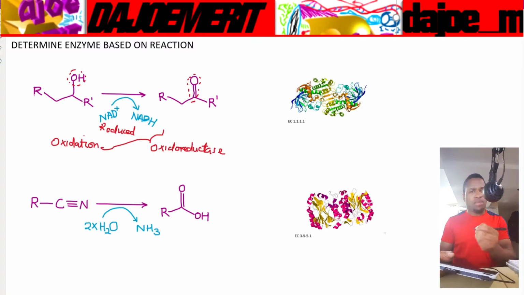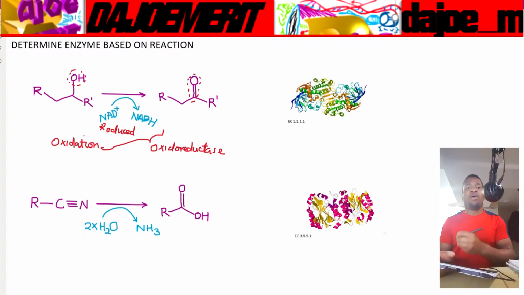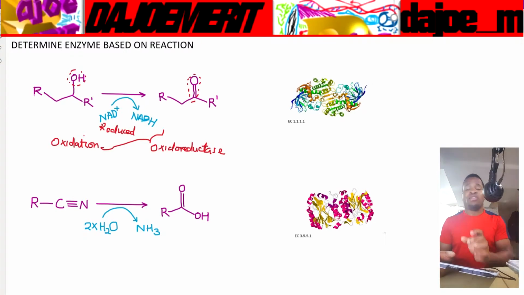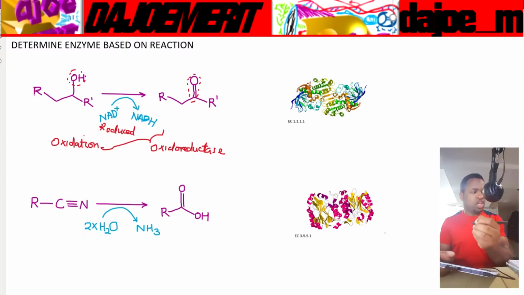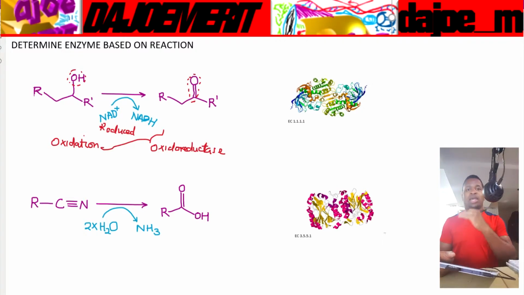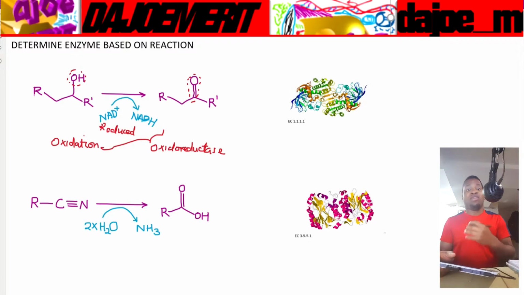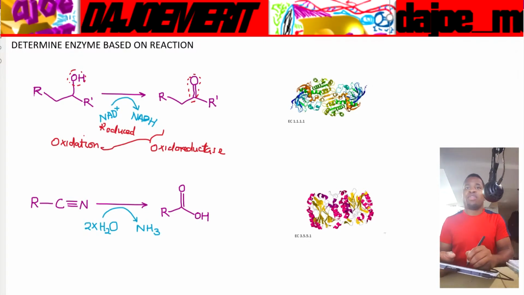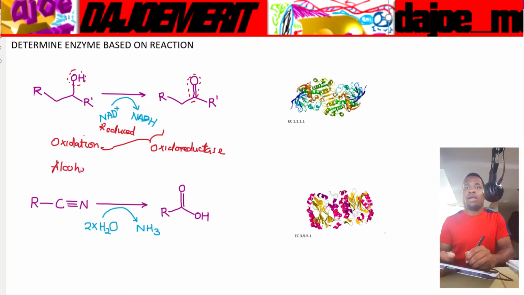And once you're able to identify that, then we can look for the systematic name that is assigned to this particular type of enzyme. Since we have the species that is oxidized, which we know to be alcohol, that stays first: alcohol.